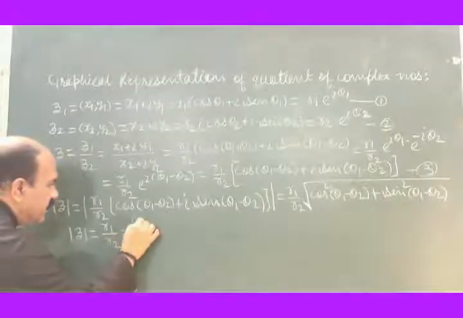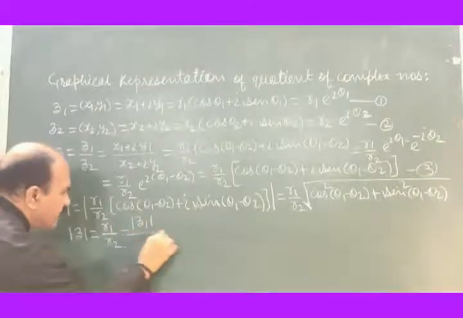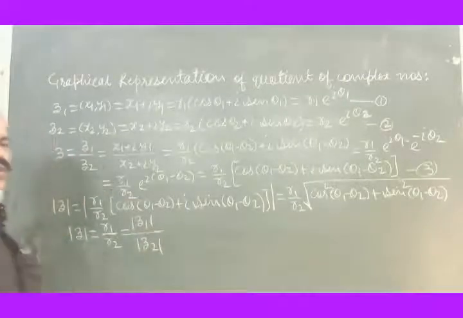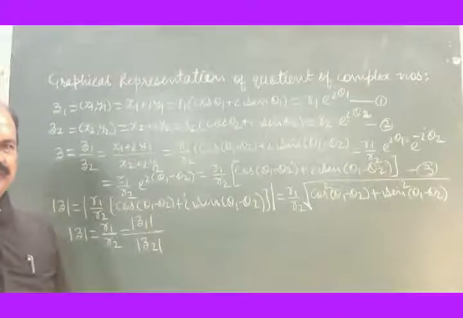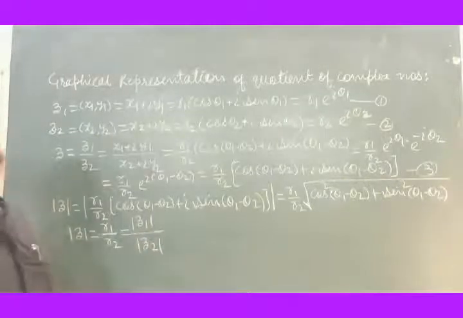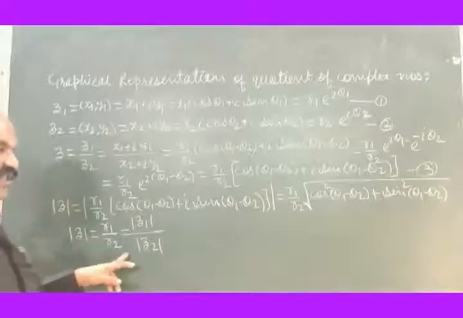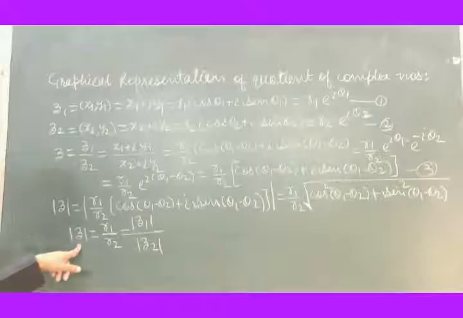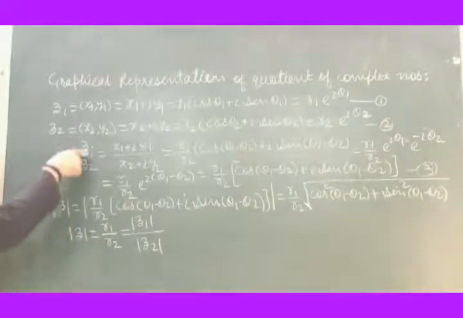That is nothing but modulus of z1 divided by modulus of z2. R1 is nothing but modulus of complex number z1. R2 is nothing but modulus of complex number z2. And therefore, what is z?